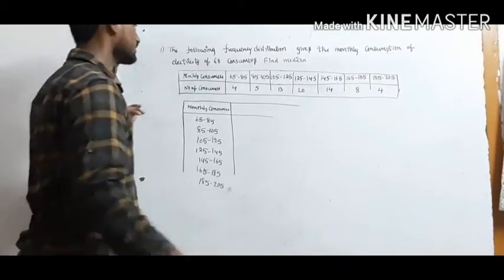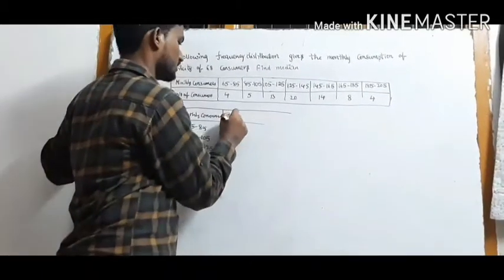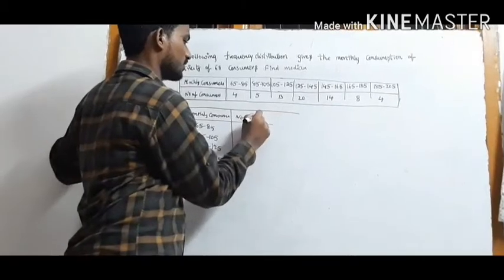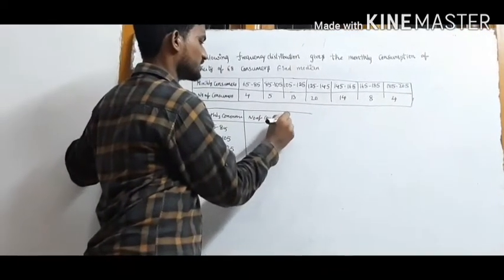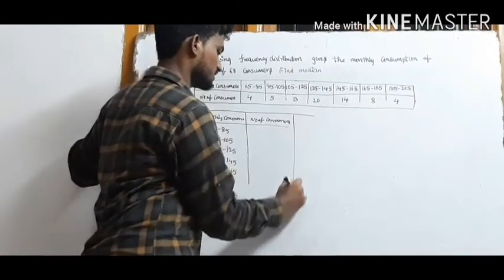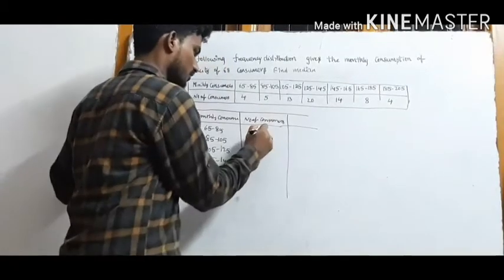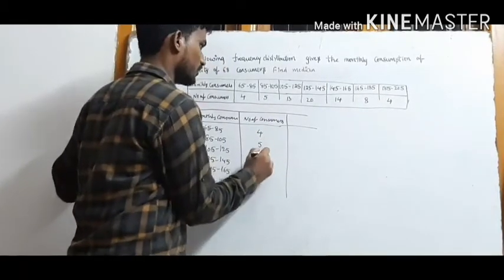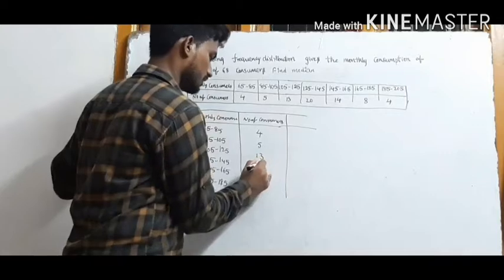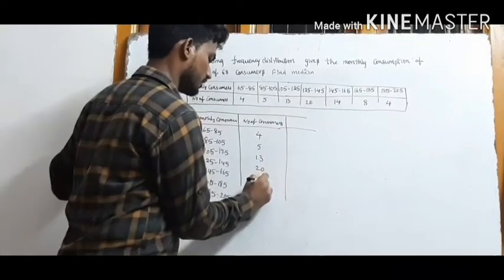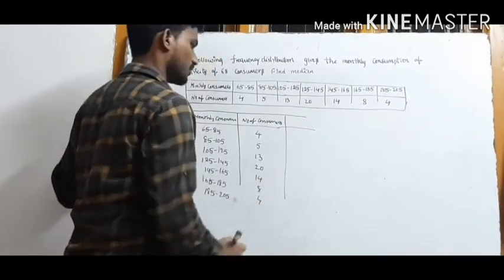The number of consumers is the frequency: 4, 5, 13, 20, 14, 8, 4.